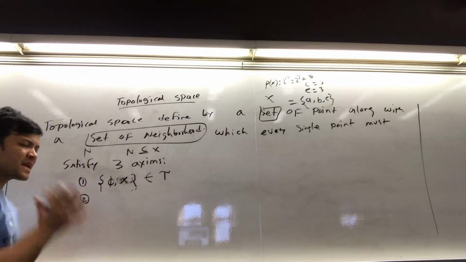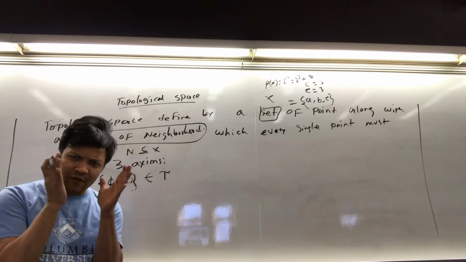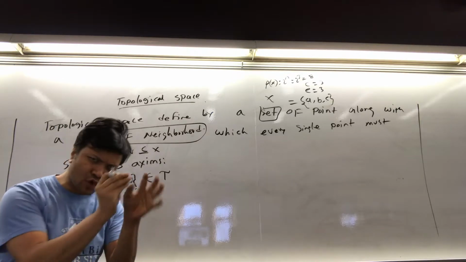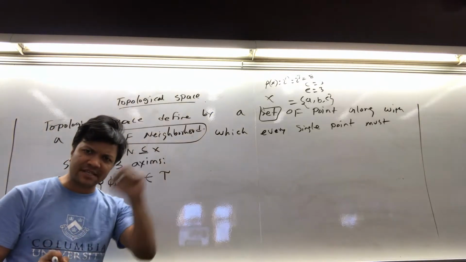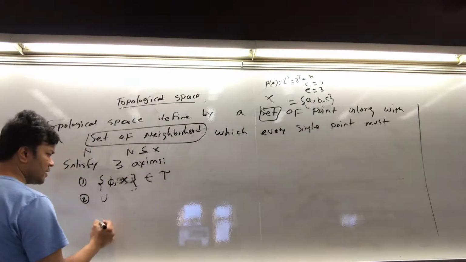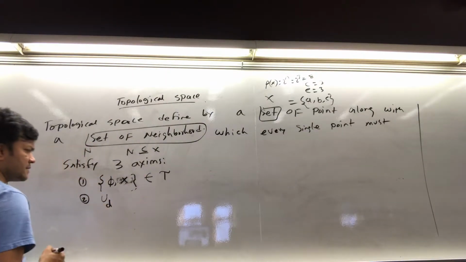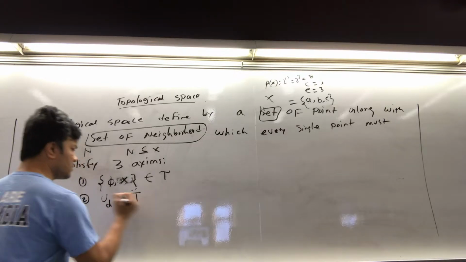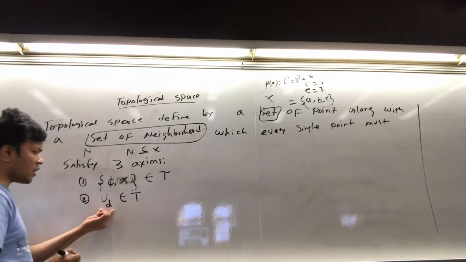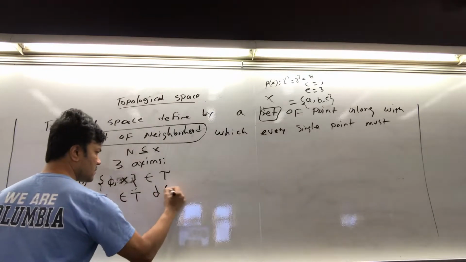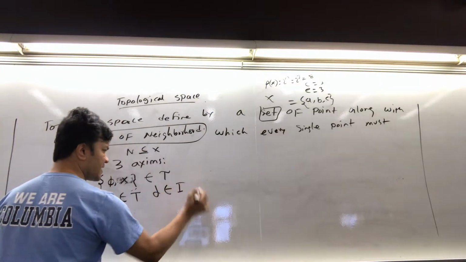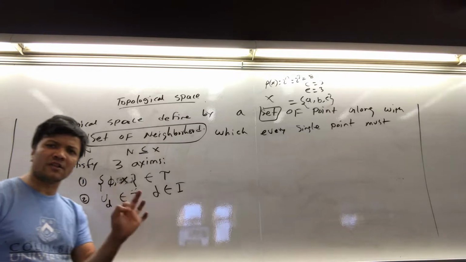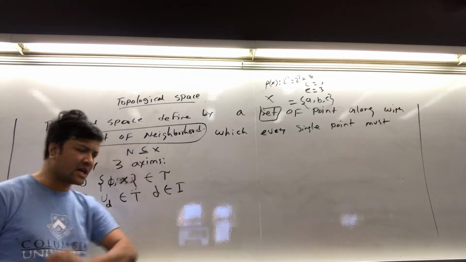Number two, the union of all the subsets must be in the tau. The union of all the sets U_i, where i belongs to the index set, must be in the tau.